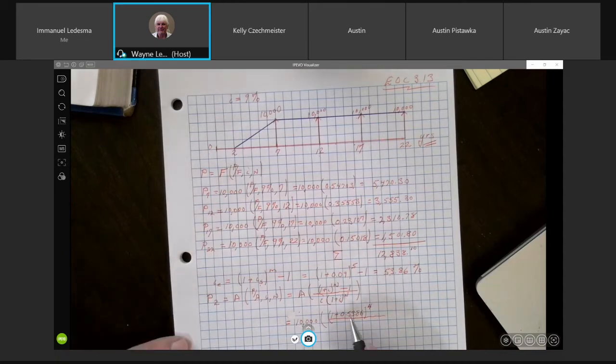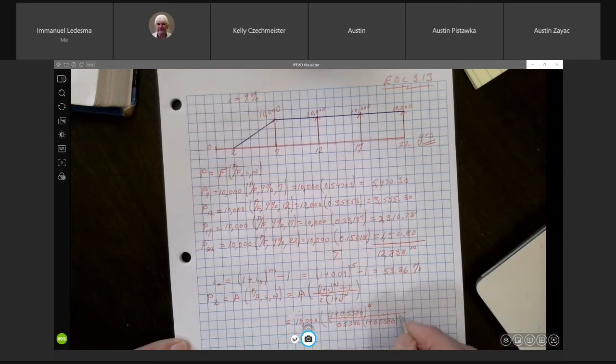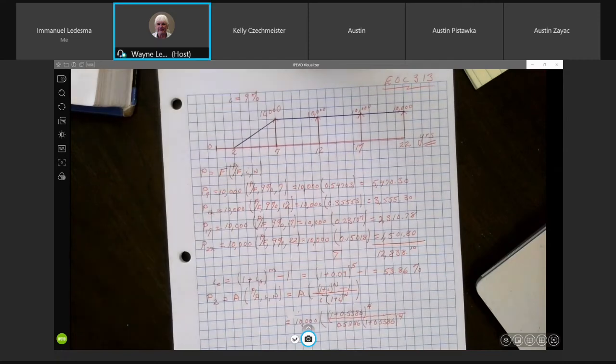So with that in mind, I'm going to put in here I down here, 0.5386 onto 1 plus 0.5386 to the power of N, and N in this case is 4.